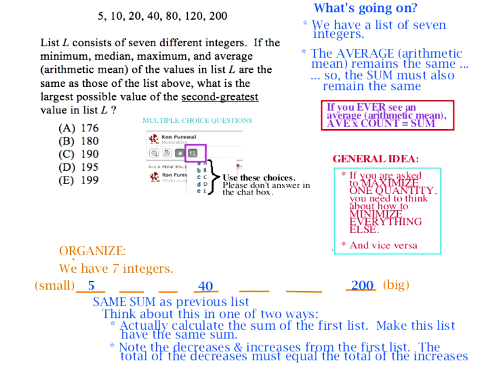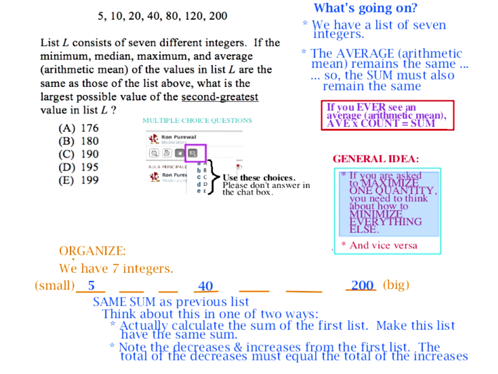Minimize everything else. Also, the most popular answer here was E, 199. What's kind of weird about that is that it should be clear that's a trap answer. If your biggest integer is 200, your next biggest integer is not just going to be 199. This is the answer you would get if you just don't notice anything else going on in the problem at all.